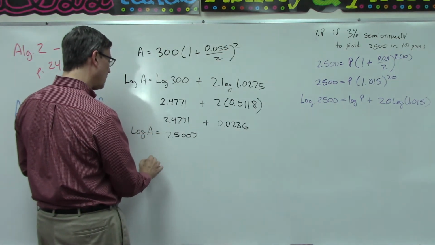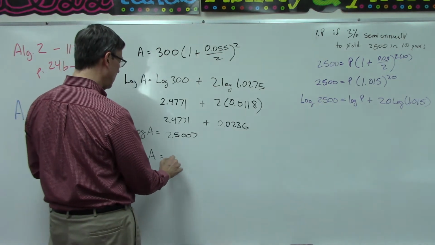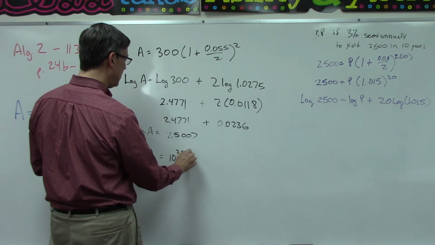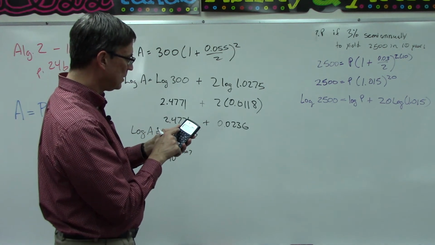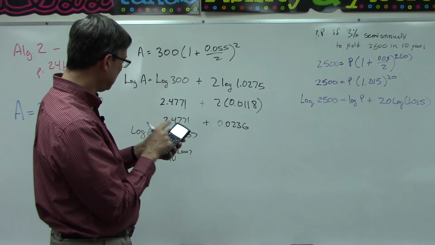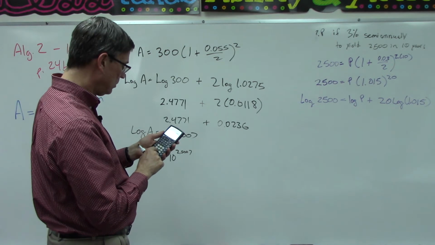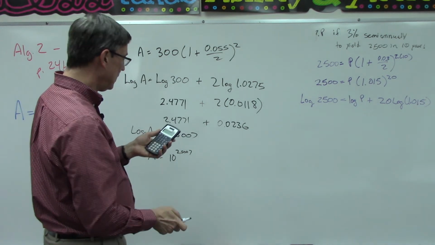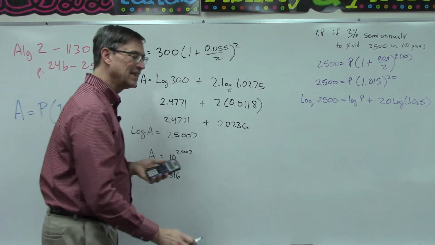So now we're going to go the other direction to find, well, what is A? Well, that means we're going to have 10 raised to that power, or on your calculator, you're going to say the second function of log, which on my calculator is 10 to the x power, and I'm going to type in 2.5007 equals 316.